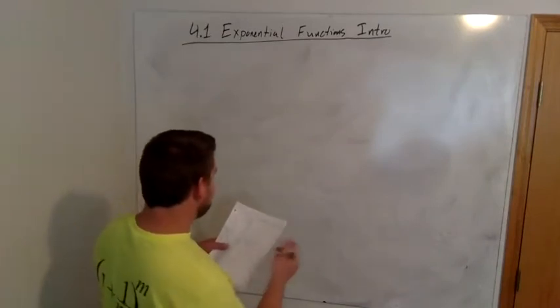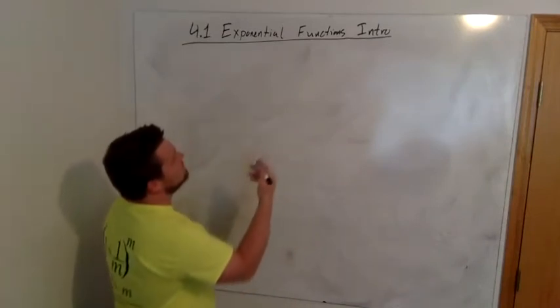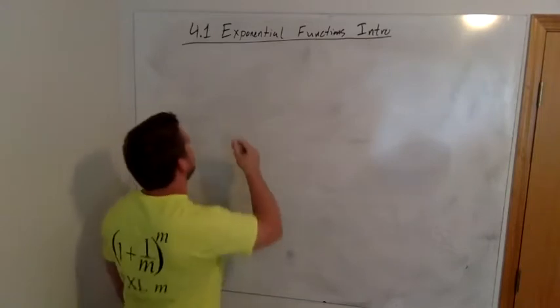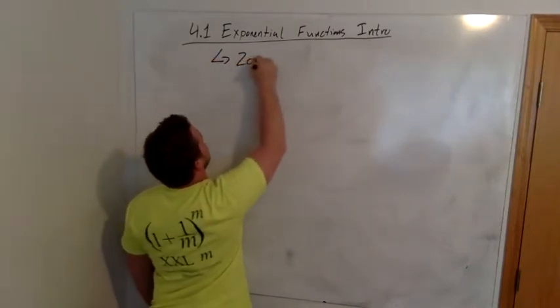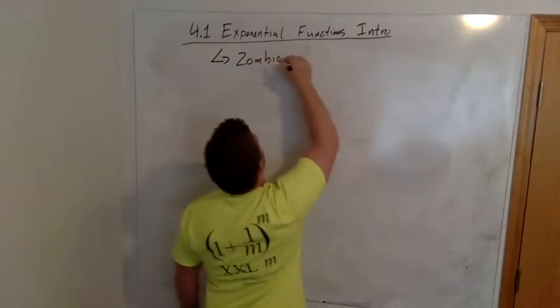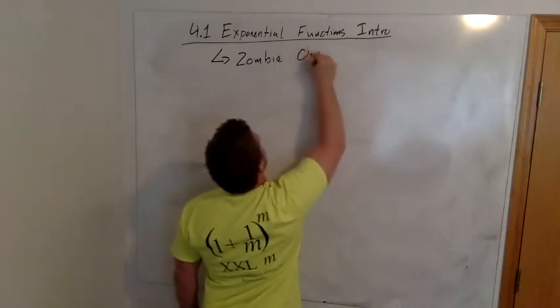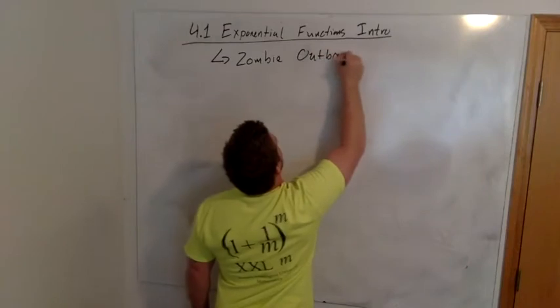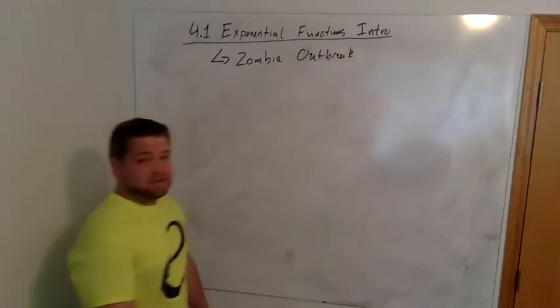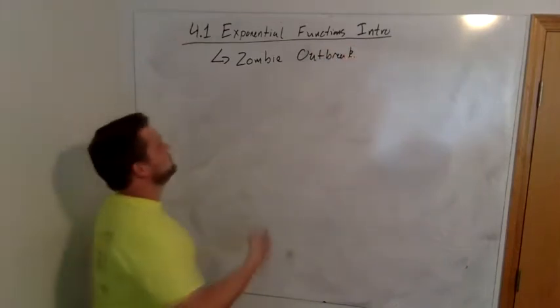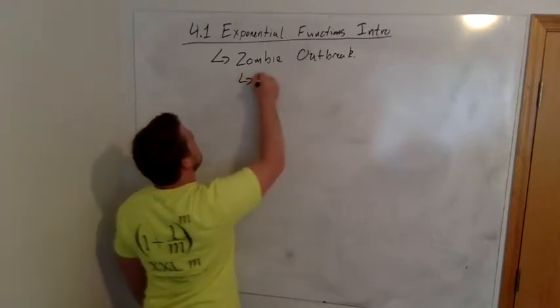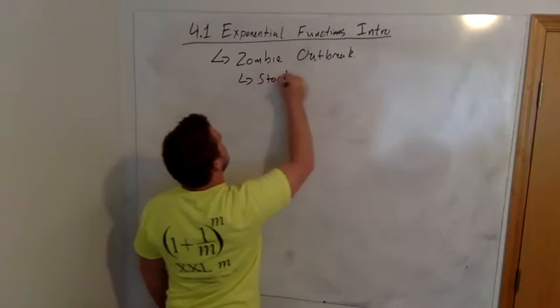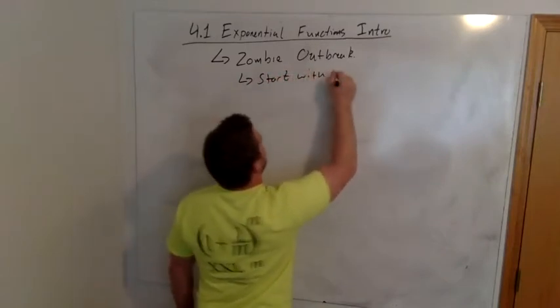Okay, so what I'd like to do here is hopefully give you an example. So how about a fun example? Let's do an example of zombies. So let's say there's some sort of zombie outbreak. Okay, let's say these are the conditions of the outbreak. So let's say it starts with one zombie.